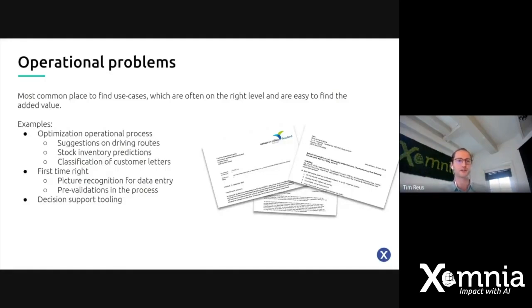Hey, this is about this one, so this person should be involved. This really optimizes the entire process, which allows the employee to use their time on something they like better and maybe more valuable, and it speeds up the entire process. So optimization of operational processes is really a good start for any use case.